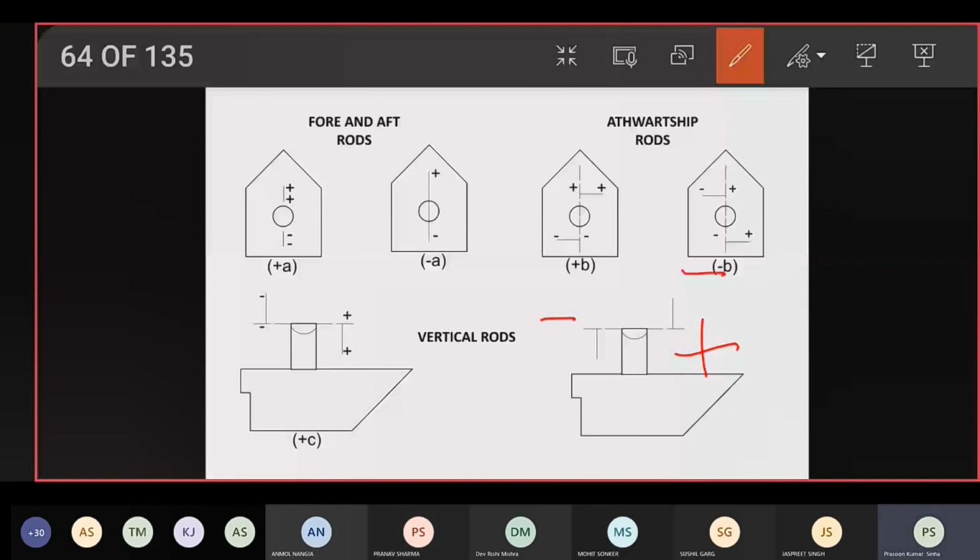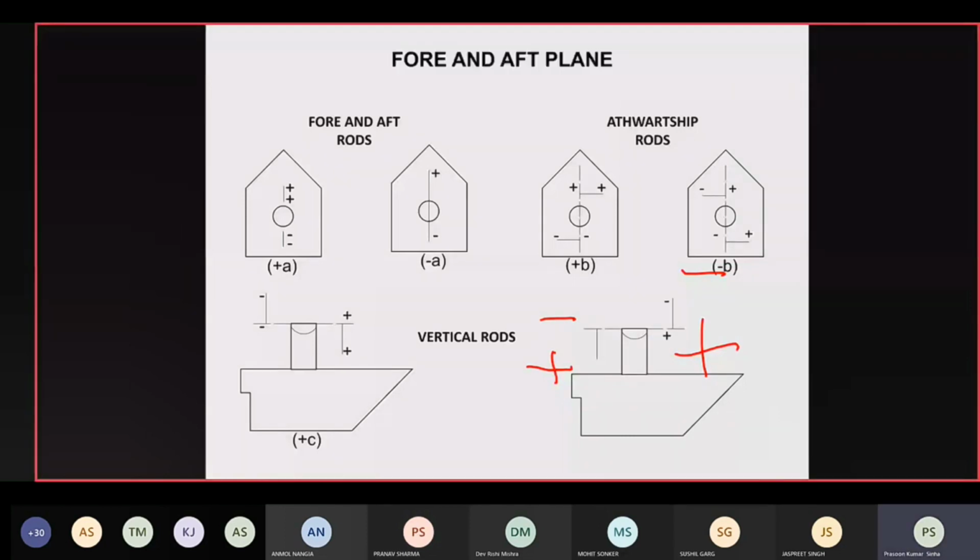But the other bottom end is below the compass, so positive. So this C rod will acquire this meaning. And so the rod is negative C, minus C.